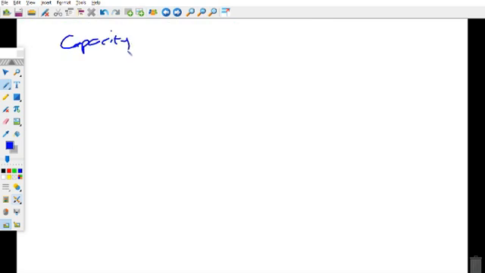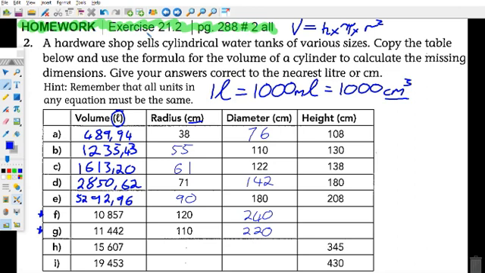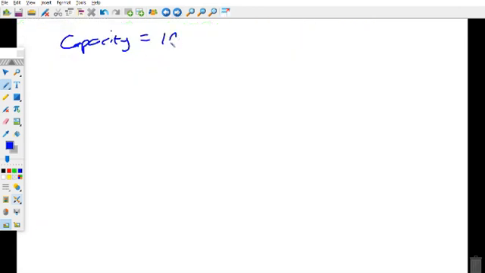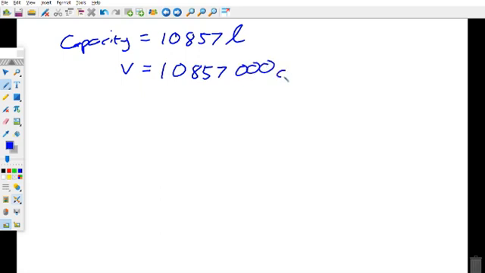For number F, the capacity is 10,857 liters. To change that to volume, we've got to multiply by 1,000. So we have 10,857,000 centimeters cubed. Big numbers here.